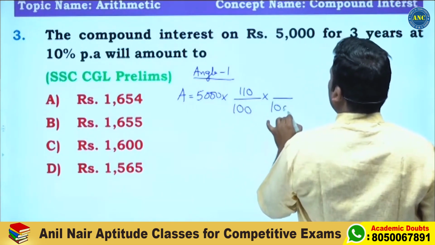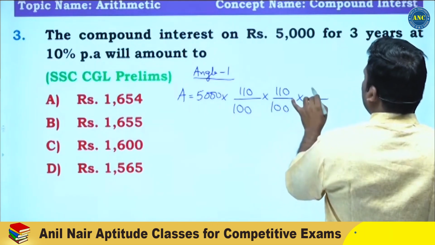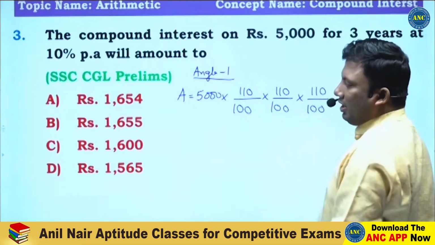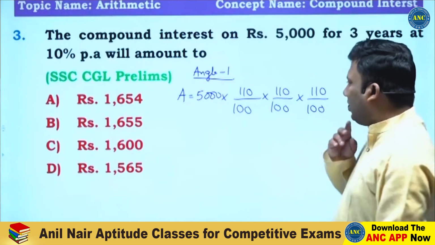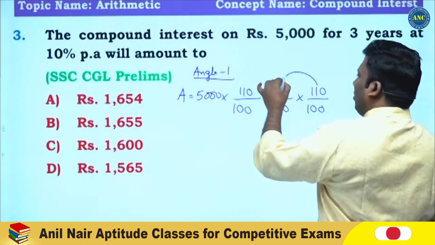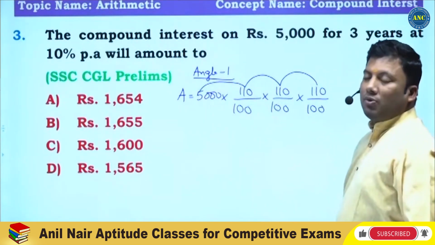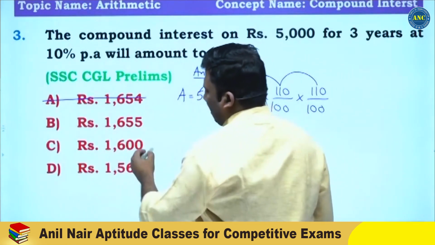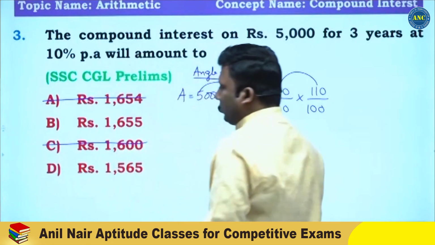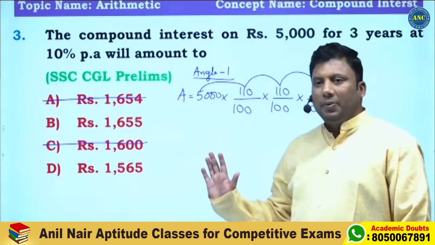Now for 5,000, what is the rightmost non-zero digit? 1 fives are 5. The rightmost non-zero digit is 5. Definitely the first option is eliminated, and definitely the second option is eliminated. I hope it is clear.